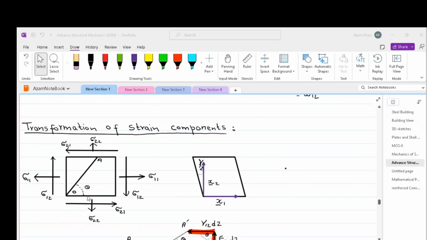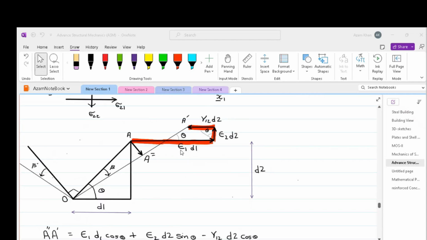So this element is considered horizontally as D1 and vertically as D2. The reason strain 1 is multiplied with D1 is that we are trying to find our deformation, which is equal to strain times the original length D1.